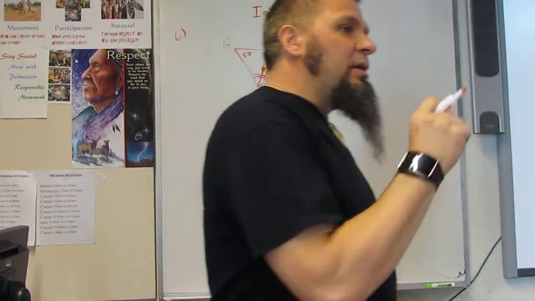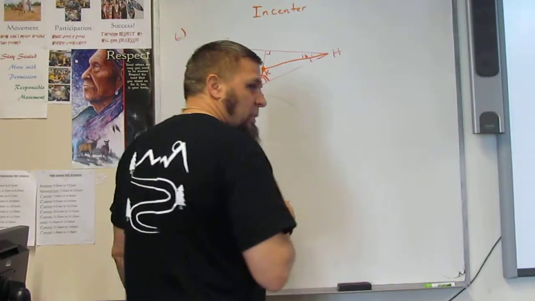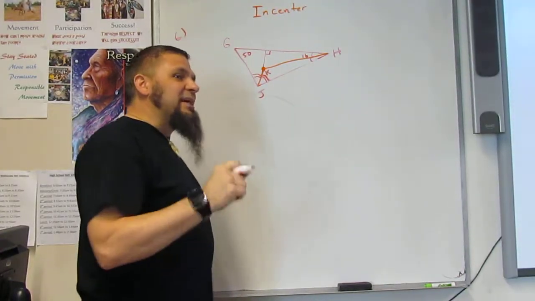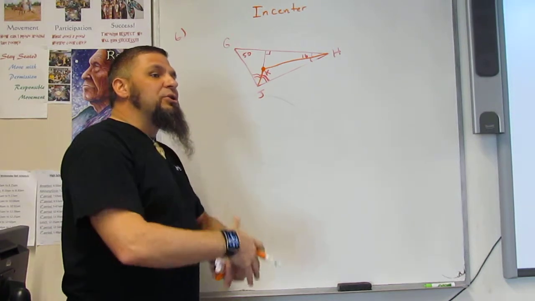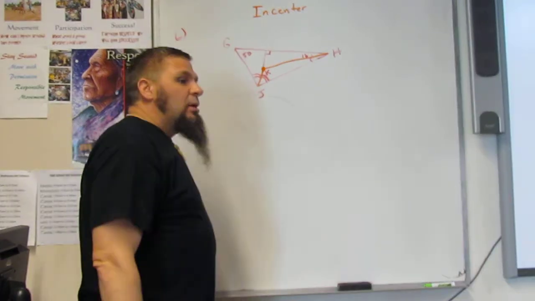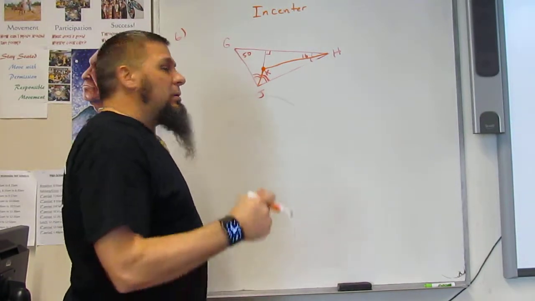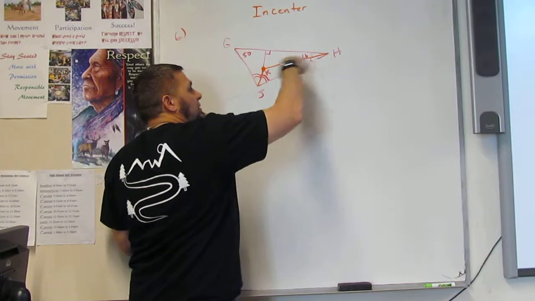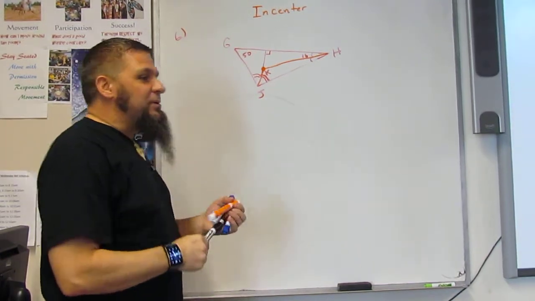Incenters are created from angle bisectors. Perpendicular bisectors cause what we call circumcenters.